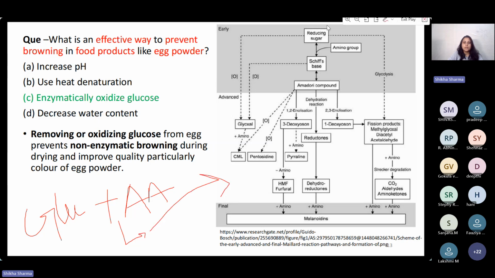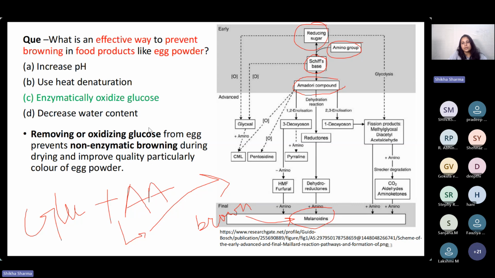Reducing sugar reacts with the amino groups of the protein present in the egg, and it converts into the Schiff base, and it forms Amadori compounds. After that the reaction goes on, and finally melanoidins form. These melanoidins are brown in color. Because of that, there is a change in color, or browning, in the egg powder.